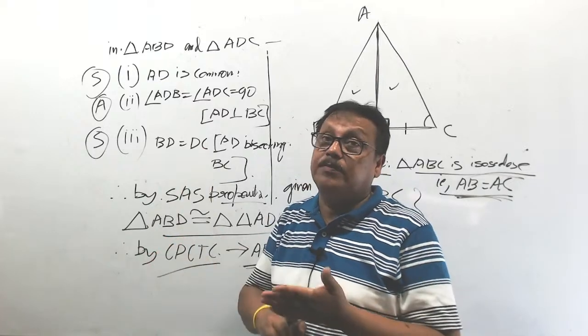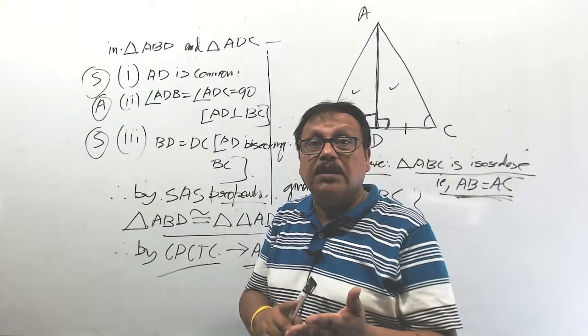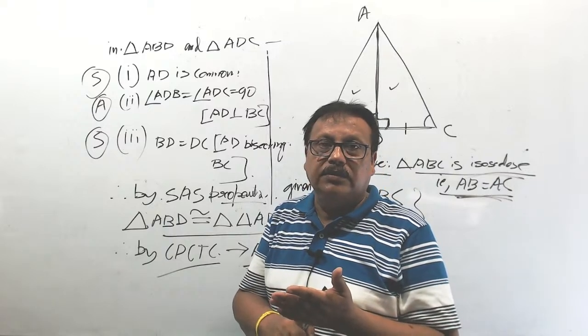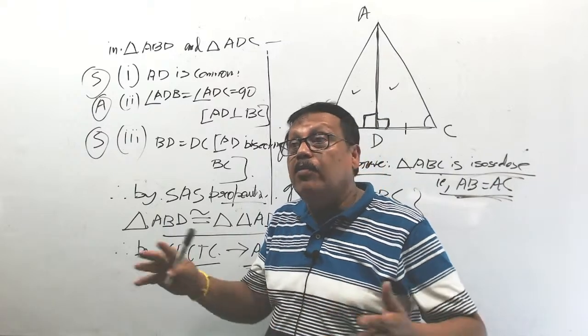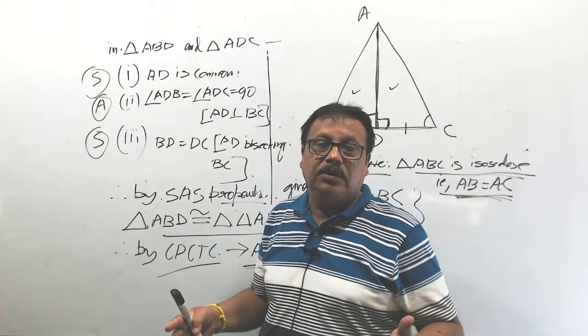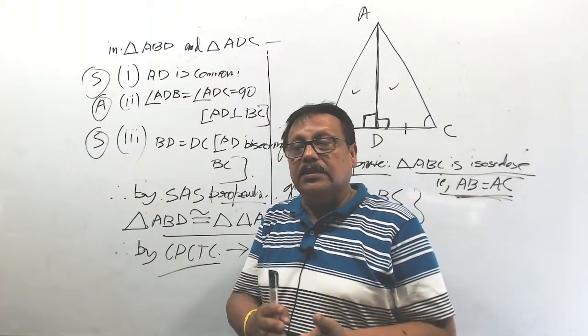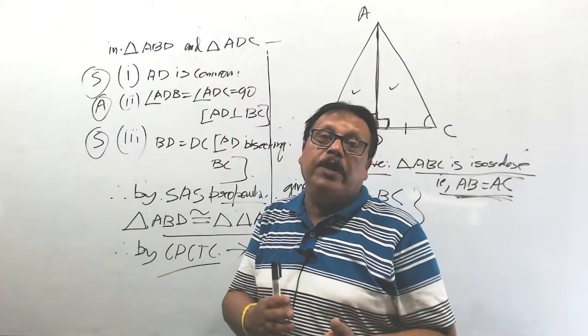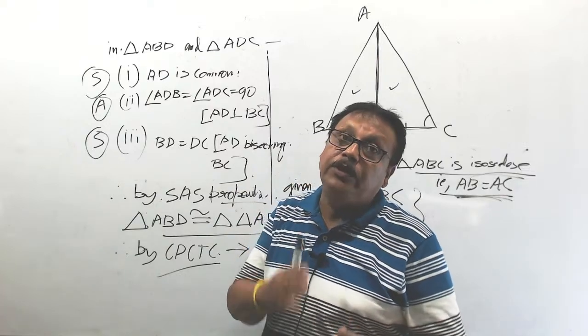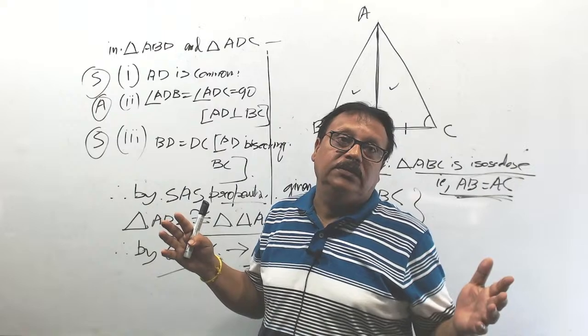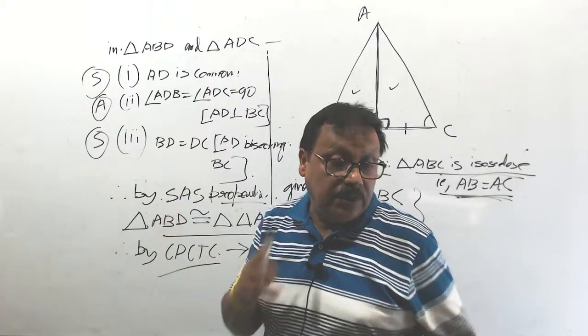In every step I am explaining. Try to understand the explanation. Don't take any tension about how I will write in the exam hall. When you understand clearly, then you yourself will be able to write all the steps. Understood? Next problem.